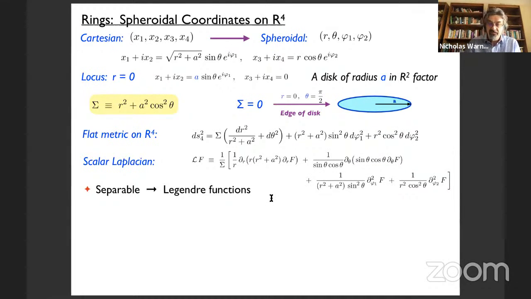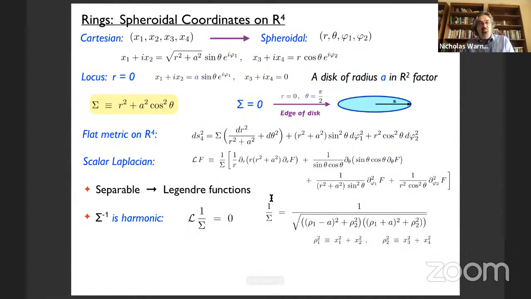The other thing that's extremely important about this is that 1 over sigma is harmonic. If you hit it with the Laplacian written in these coordinates, it's trivial to see that it's killed by the Laplacian. So therefore this sigma is going to play a major role throughout our discussion. If you want something that is a harmonic function, but also remember where it vanishes is the edge of the disk.